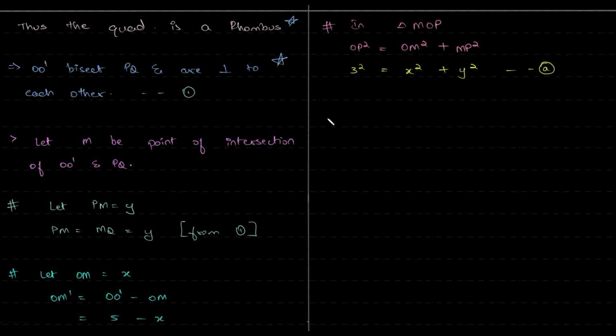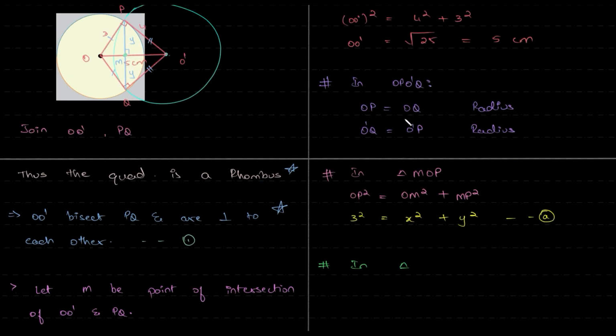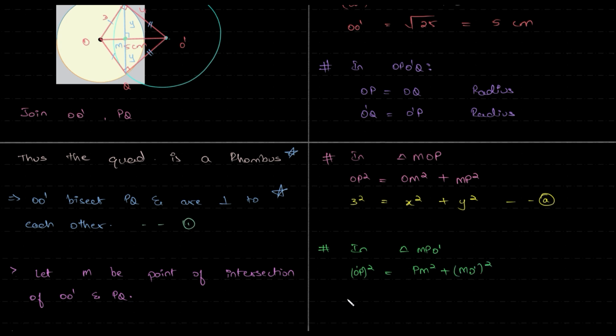Then next equation is in the other triangle, in triangle MPO dash. So what do we have? We have O dash P the whole square is equal to PM square plus MO dash the whole square, and here we have 4 square is equal to y square plus this is 5 minus x the whole square.